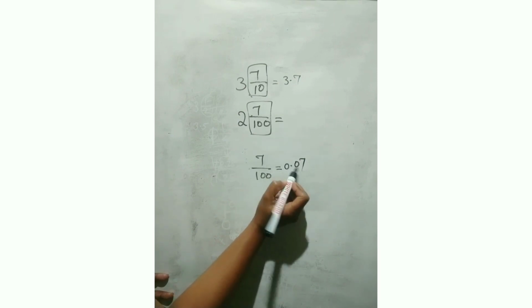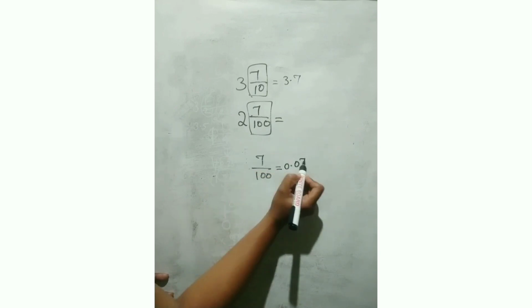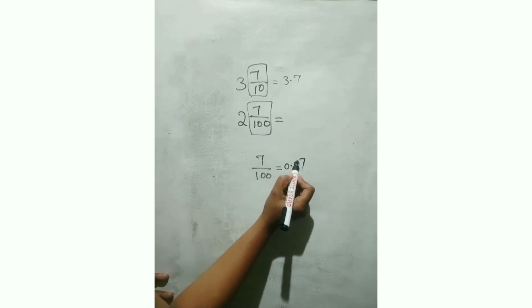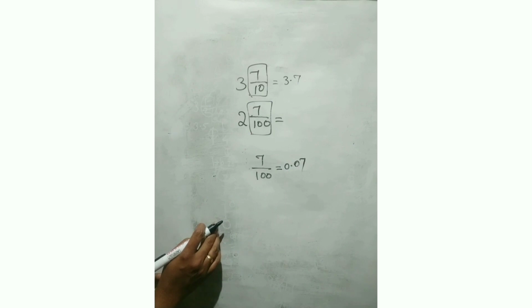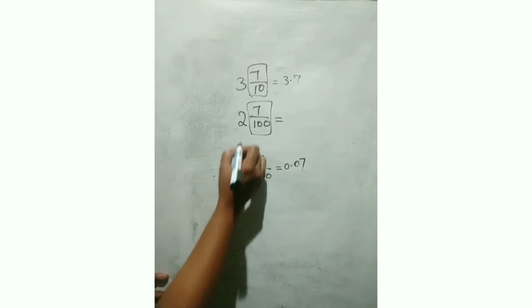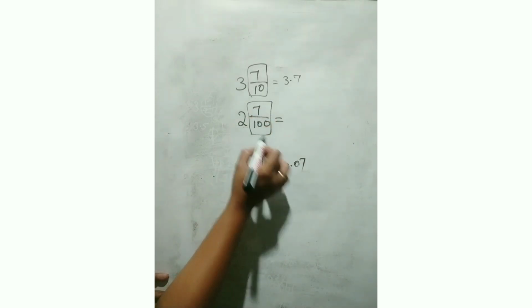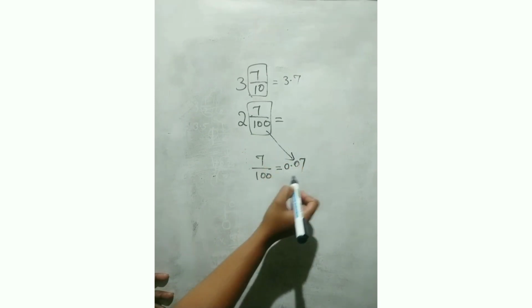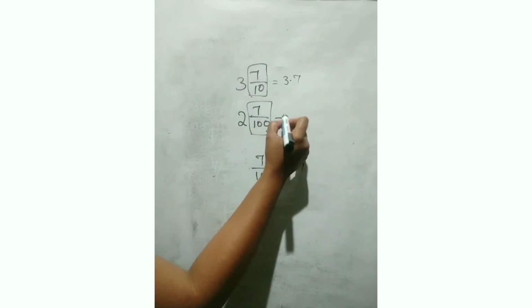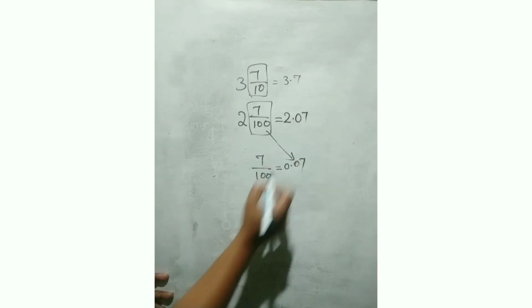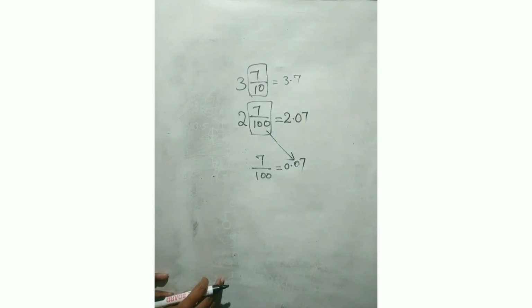So we have to push 2 digits after the decimal. Here 7 is there. Then there is no number, so we can write the 0 there. Okay, that is, we can write 7 on 100 is equal to 0.07. So, this one will be 2.07.